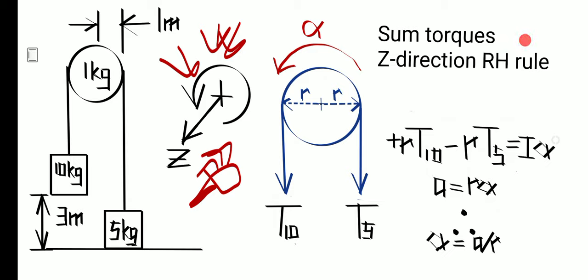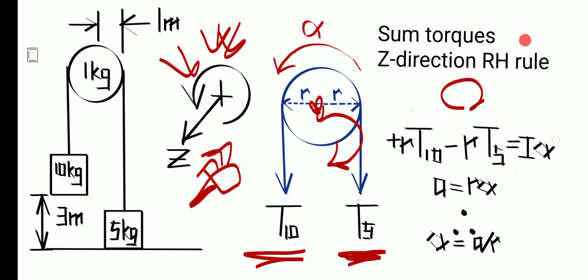Now, focusing on the pulley, you have your two forces pulling down on it, the T10 and the T5. Torque is the distance from your center point, which is our R, times your force. Using the right-hand rule, or if you can just see it visually, the T5 torque is going clockwise. So it's negative because it's going in the opposite direction.